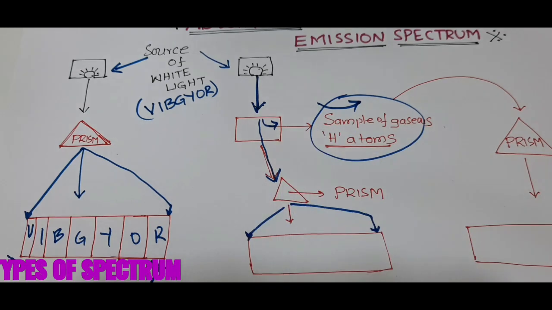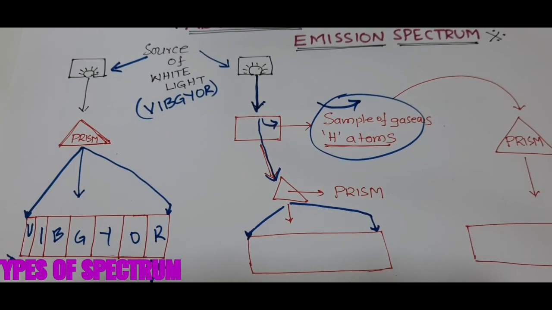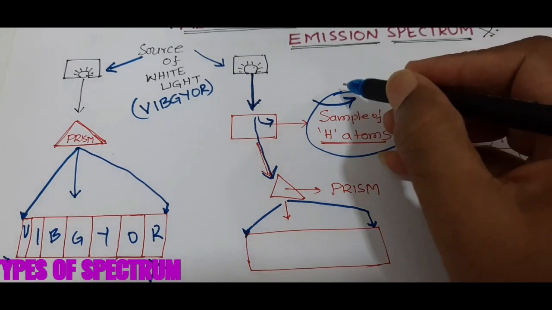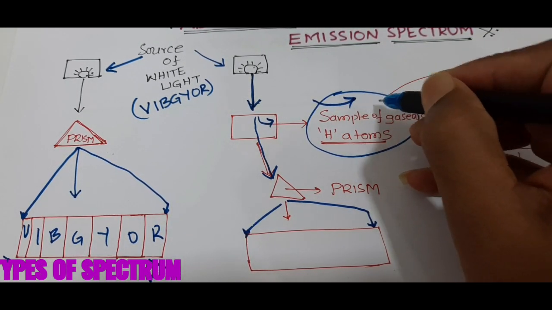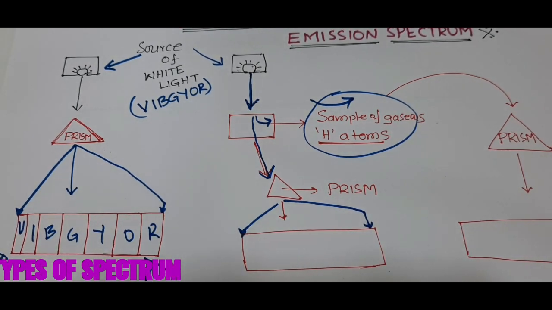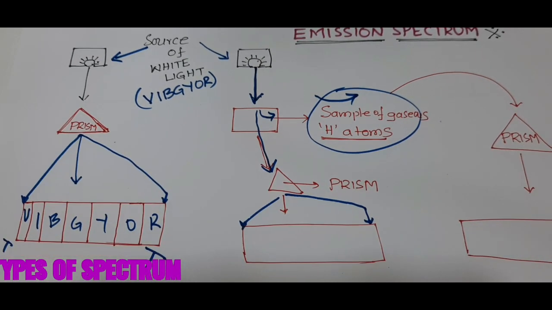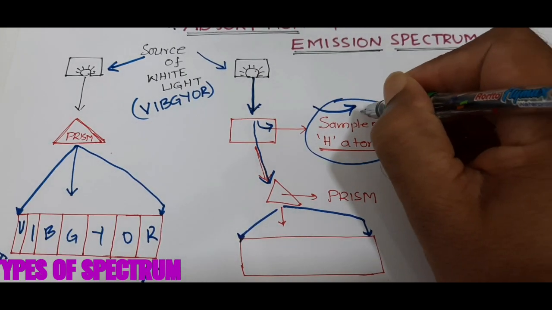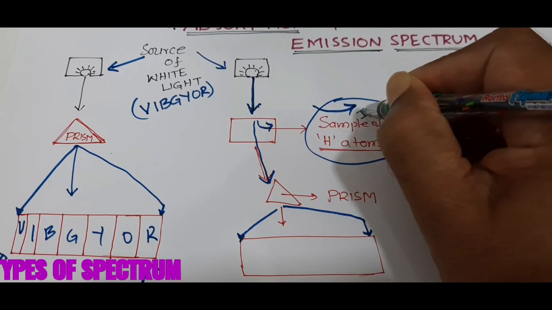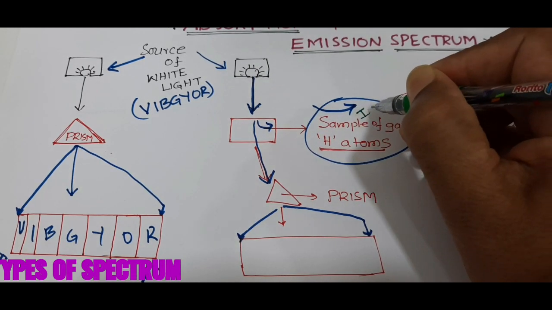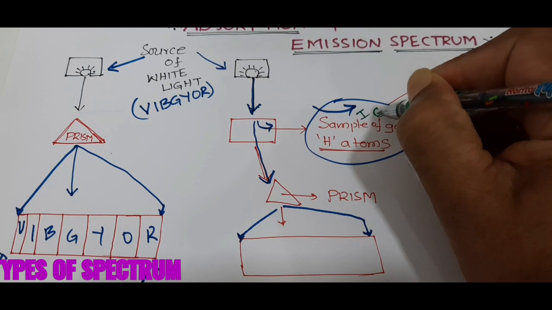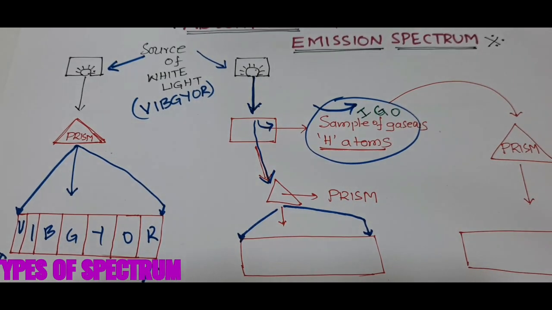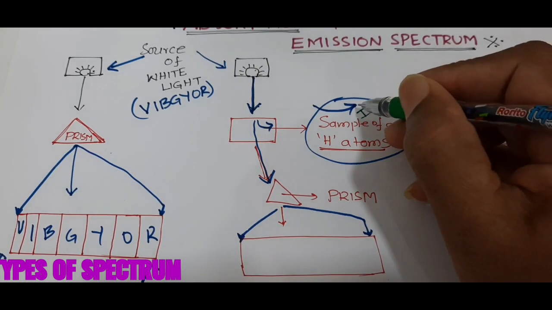So for convenience I am writing there are two colors, two radiations absorbed by this sample. What are those radiations absorbed by that sample of hydrogen gas? For the sake of convenience I am giving indigo, green, orange.